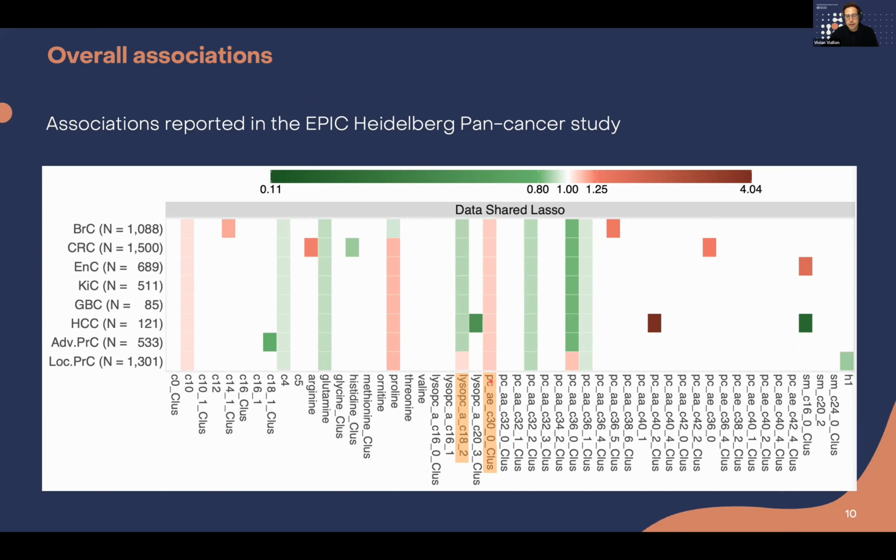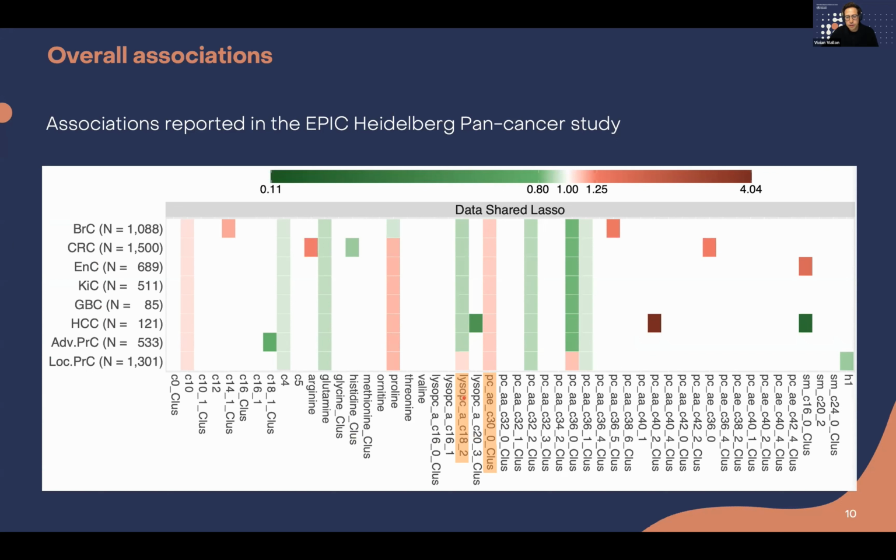For example, for this phosphatidylcholine, we indeed identified a positive association with breast cancer, colorectal cancer, and prostate cancer, as in this previous study, but our results also suggest that this phosphatidylcholine could be positively associated with all the other cancer types as well.